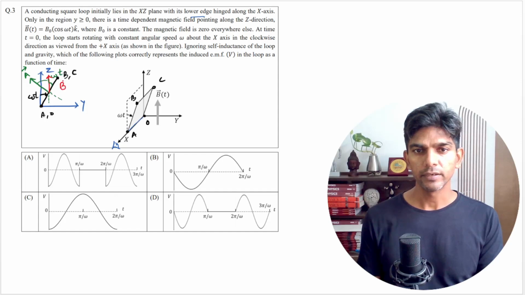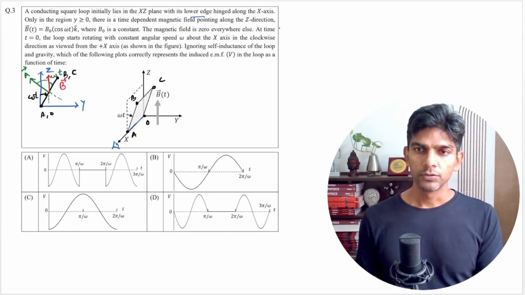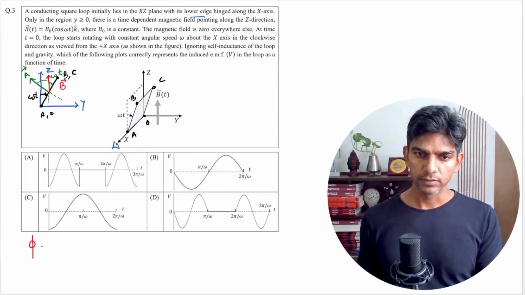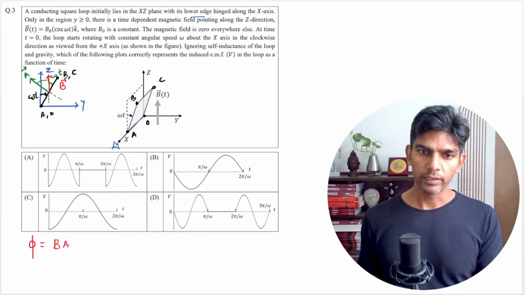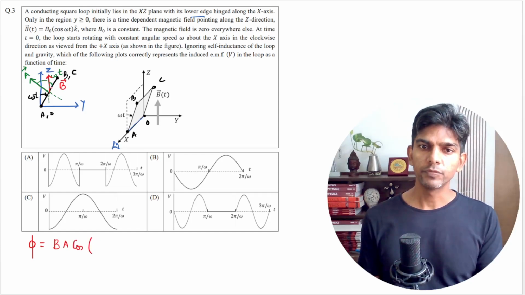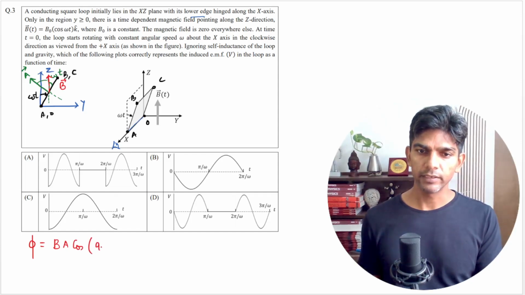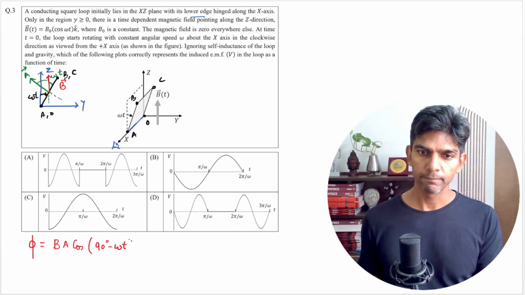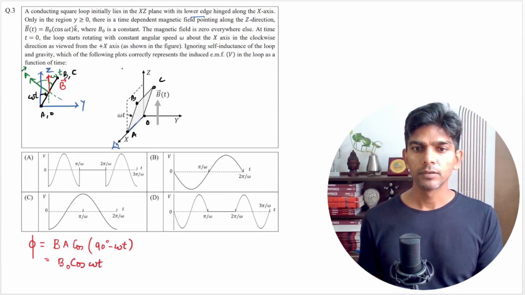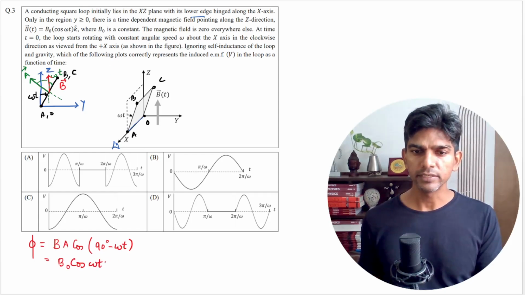So this is B. If I want to find the instantaneous flux, that will be B A cos of the angle between the B vector and the A vector, which is 90 minus omega t. And B is nothing but B naught cos omega t. And area, do we have the length given? Okay, let us take it as A only.